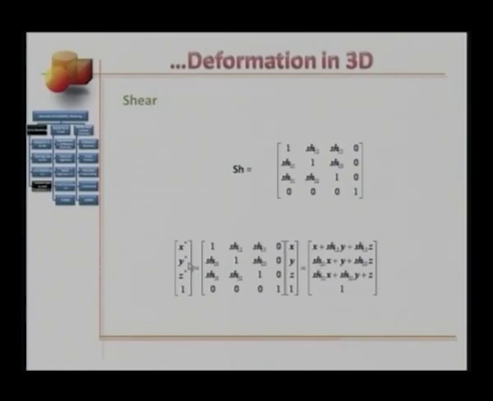The second entry y star is sh 2 1 times x plus y plus sh 2 3 times z. These two entries result in shear along the y direction. The third entry z star is sh 3 1 times x plus sh 3 2 times y plus z. These two entries here result in shear along the z direction. And the fourth entry, of course, is 1.